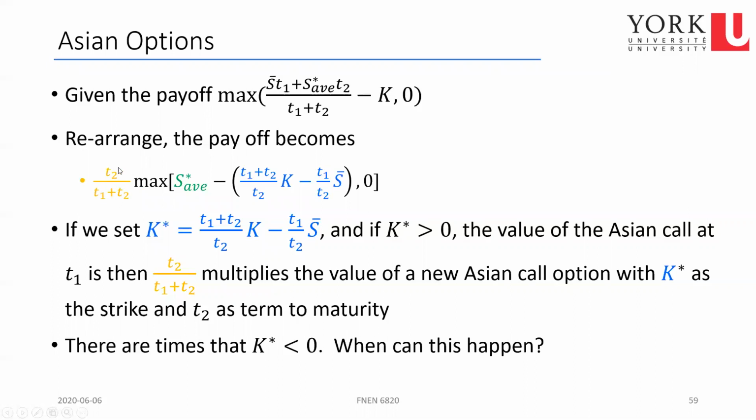So here it will be the 2 months in our example, times S star average. This is basically the average of the remaining 2 months, minus this term here.